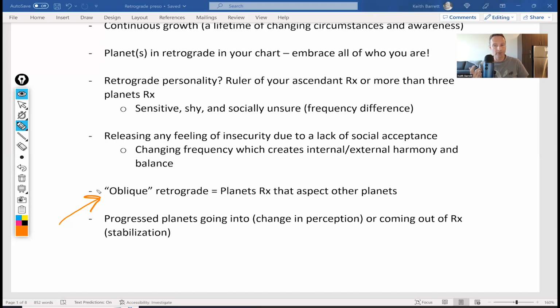It has a type of retrograde flavoring to it. Through this life's experiences, I want to make up my own mind, release myself from any structures, and create my own thoughts that are supportive of my own unique expression, right? So that would be an oblique retrograde.